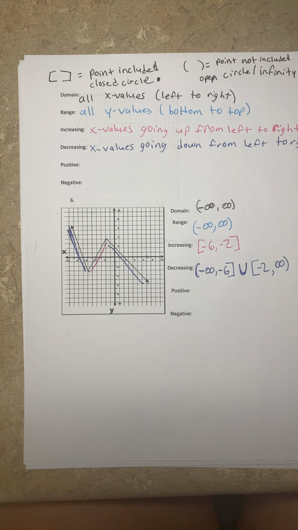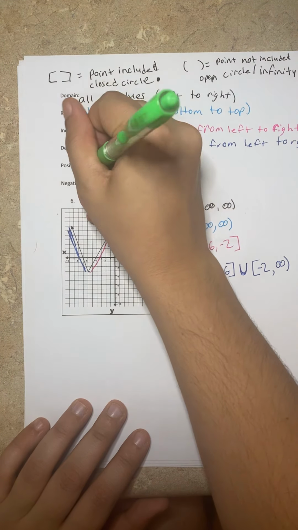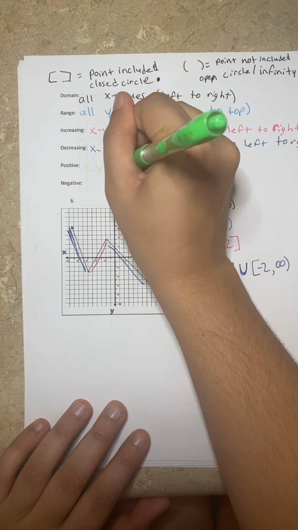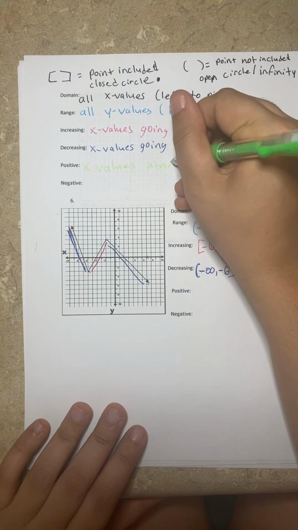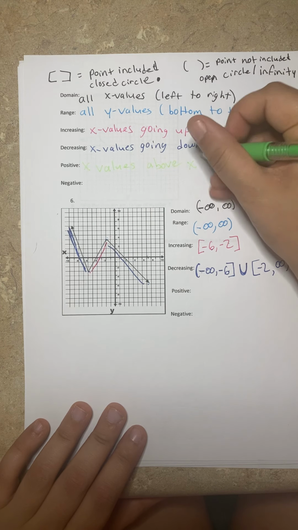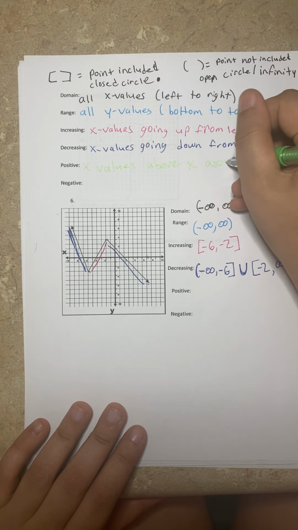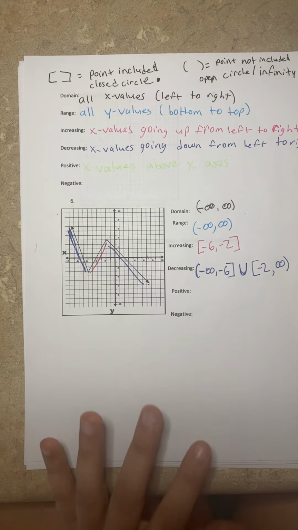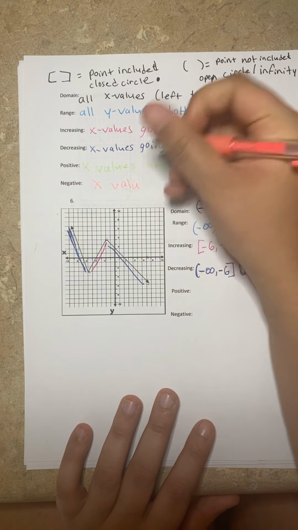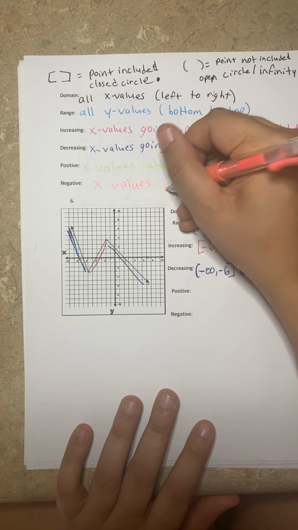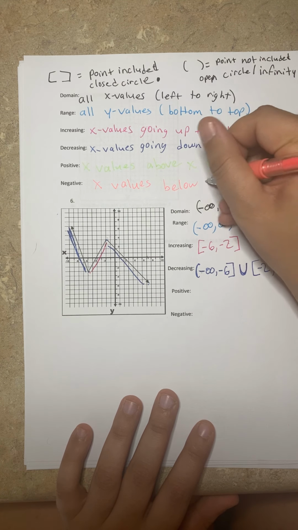Domain, range, increasing, decreasing. And then positive is my x values that are above the x-axis, and my negative is my x values below the x-axis.